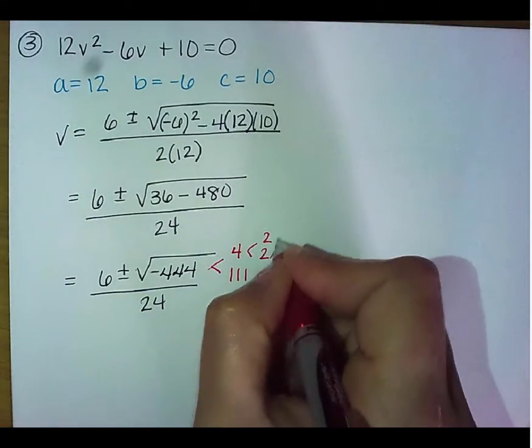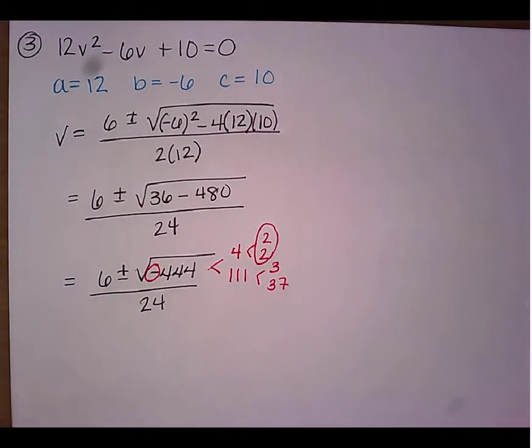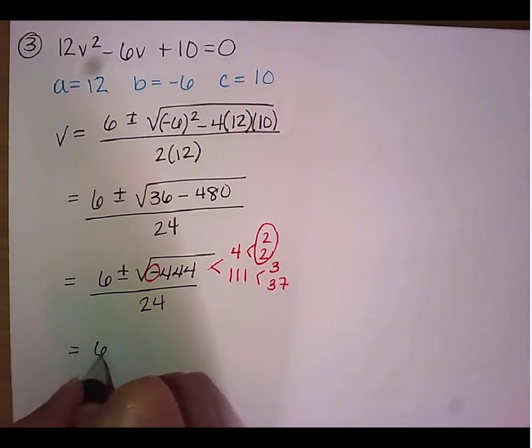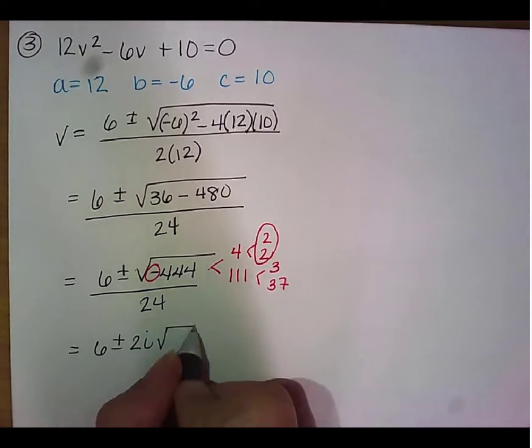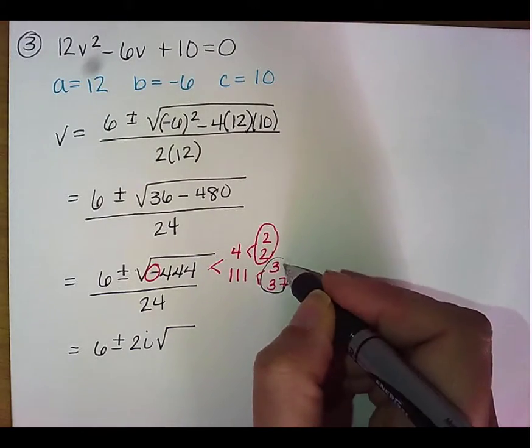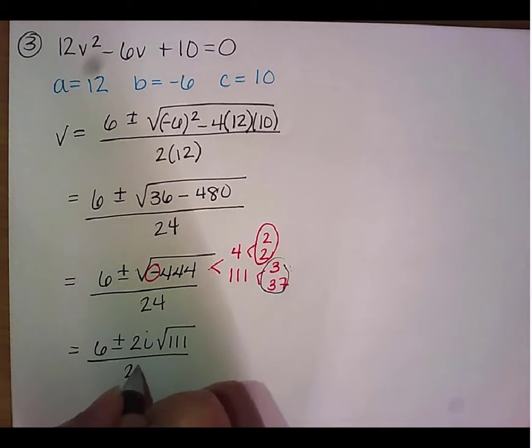We do happen to have a pair of 2's. We also have our i, our imaginary number, that's going to come out. So this is going to be 6 plus or minus 2i square roots. And remember, we're going to bring these two guys back together, put them under here, so that's 111 over 24.